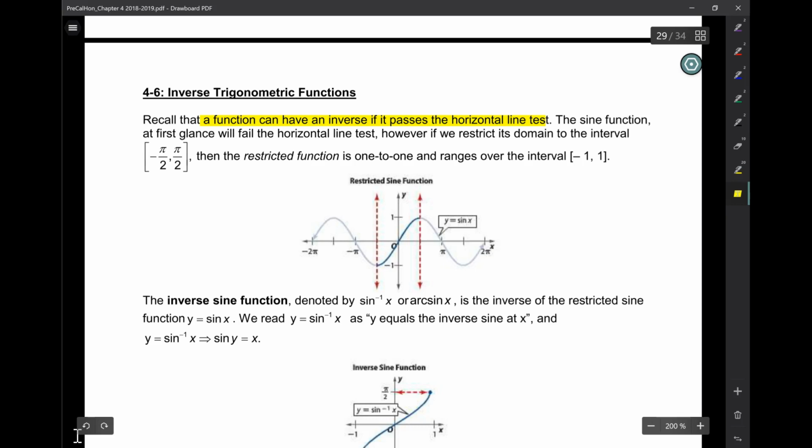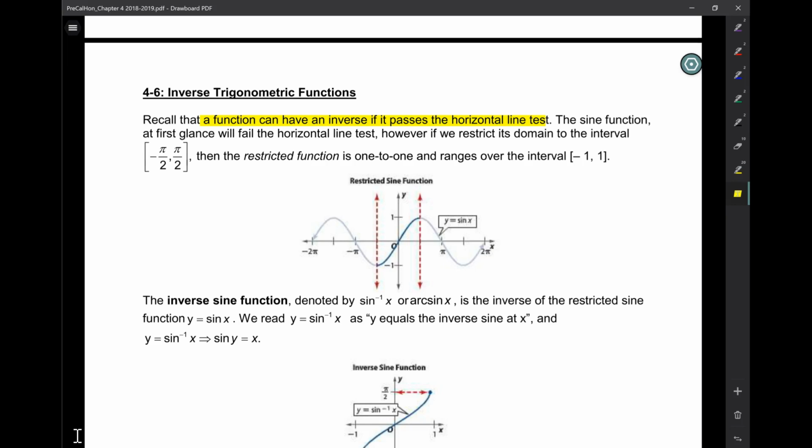Meaning, if you draw horizontal lines through it and each horizontal line only crosses the function at one point, then it can have an inverse function, meaning its inverse could also be a function.